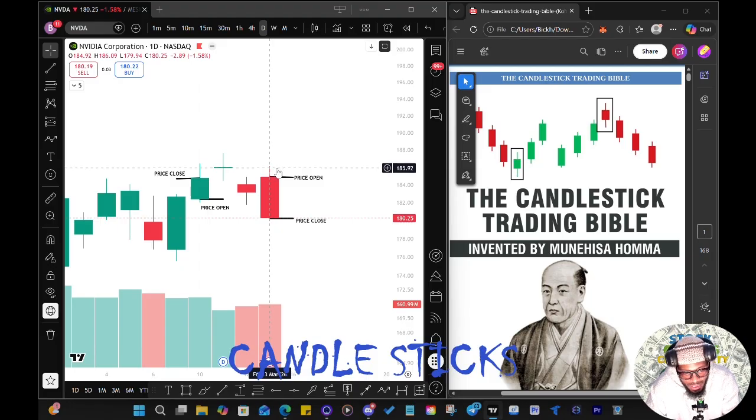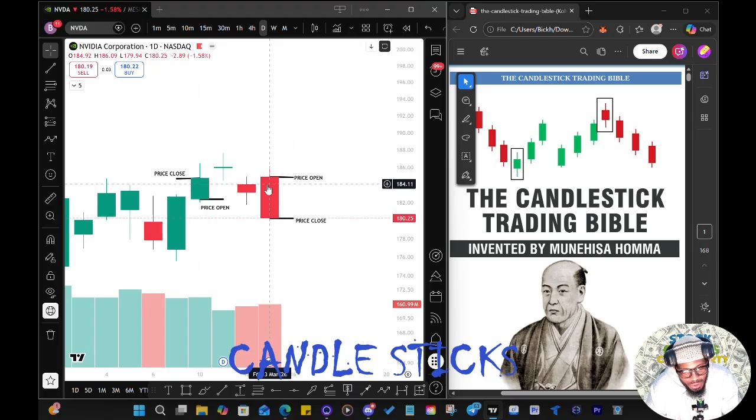Then sellers came back and pushed that thing all the way down, sold it, sold it, sold it, all the way down to 179.94. And buyers came back in and pushed it up just a little bit for it to close at 180.